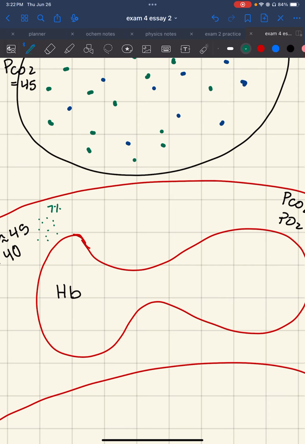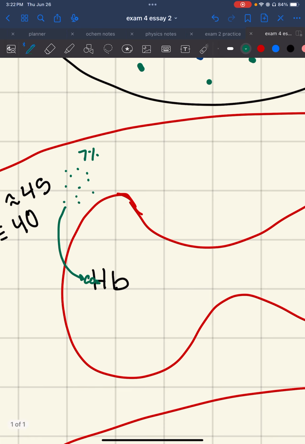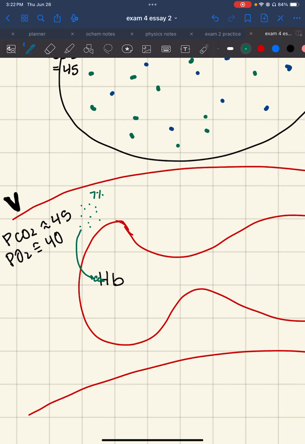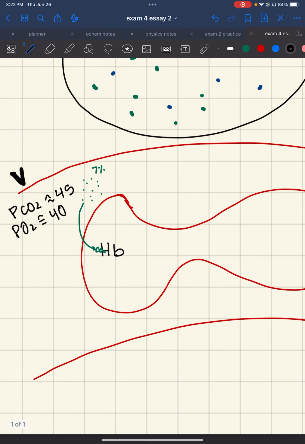But a big way that we transport carbon dioxide is that we attach carbon dioxide from the blood onto hemoglobin, and this is really important because it causes a shift in hemoglobin. So hemoglobin has two states. It can be in what we call the T state, which is the tense state, or the R state, which is the relaxed state.